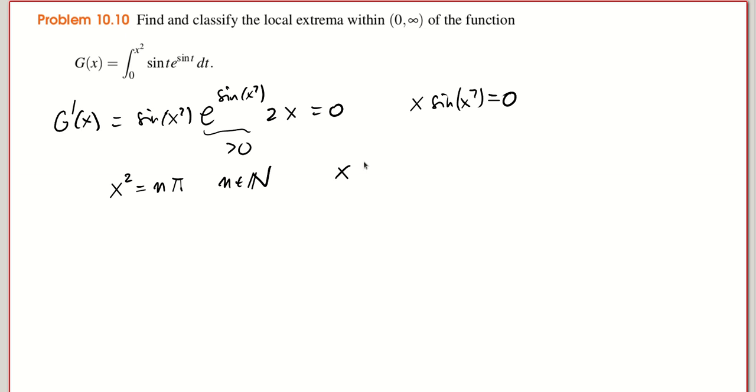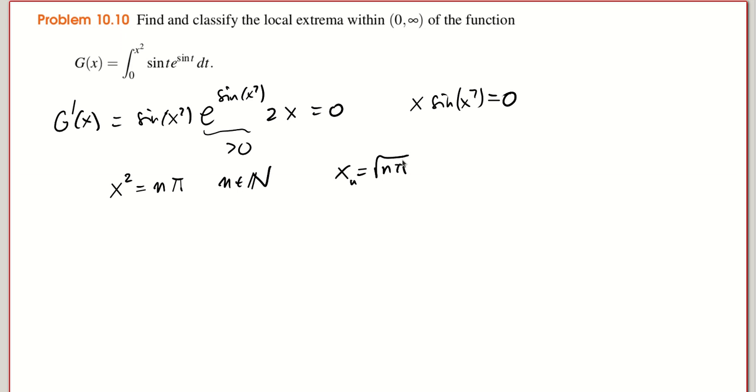So that means all the points x equal to the square root of n pi. All right, the square root of n pi. So these are all the candidates to be local extrema of this function, right?